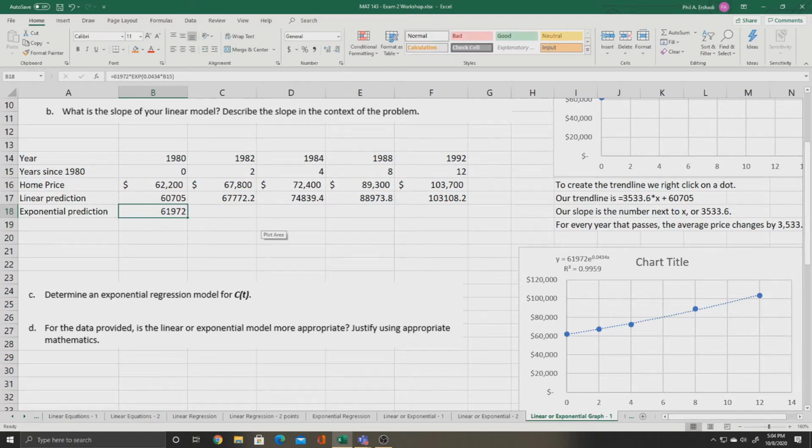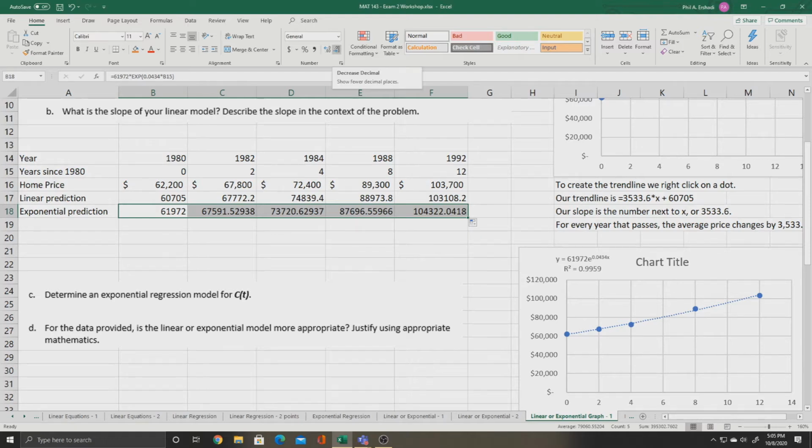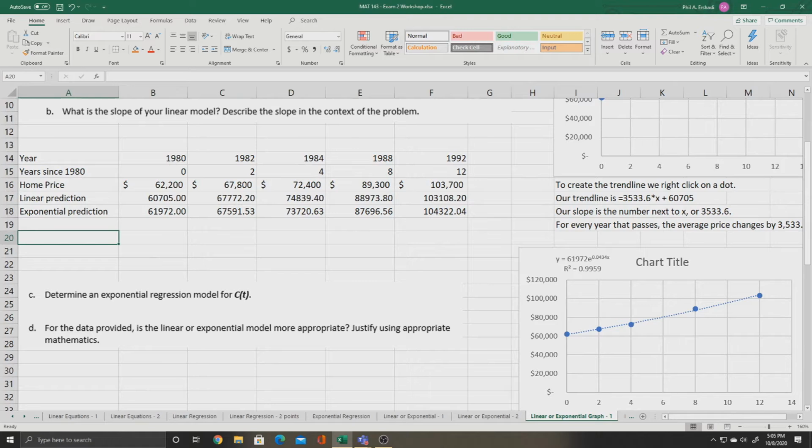This will give us our exponential prediction, and we can black cross it over here to get our exponential predictions for all of them. Now, all of these extra decimal places they give you aren't strictly necessary, so I am going to decrease the number of decimal places. Let's give it 2 decimal places. And we'll do the same thing for our linear prediction, just to make sure it's in terms of dollars and cents, since we are using money.